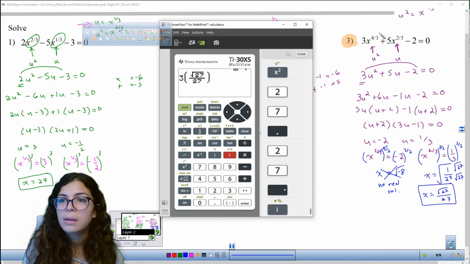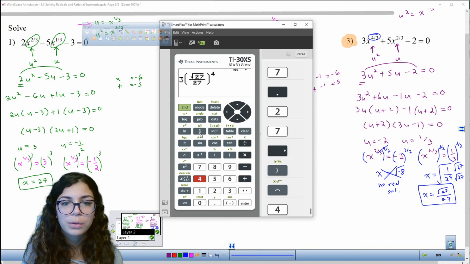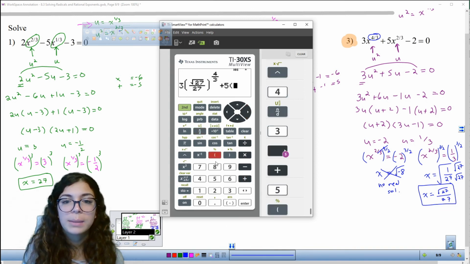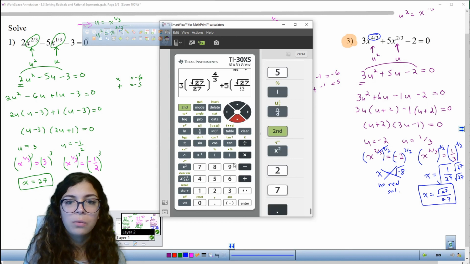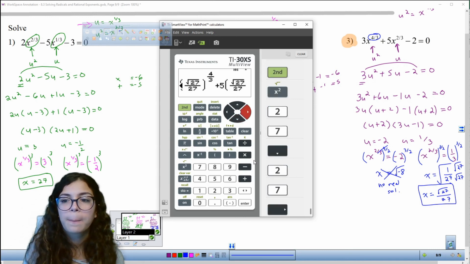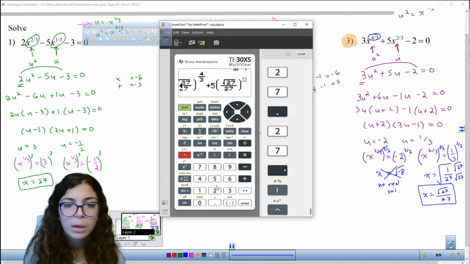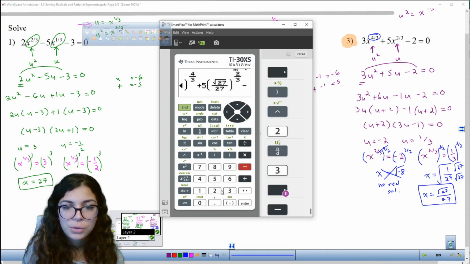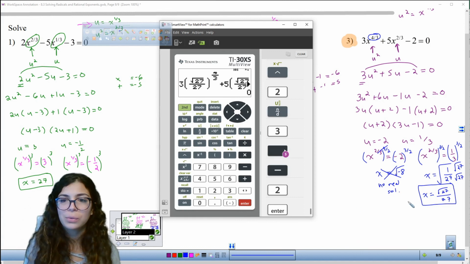And that has the power of 4/3, to the power of 4/3, plus 5 times that same x value, which is this fraction, square root of 27 over 27, to the power of 2/3, minus 2. And that should give us 0. And it does. So that is a good and valid solution.